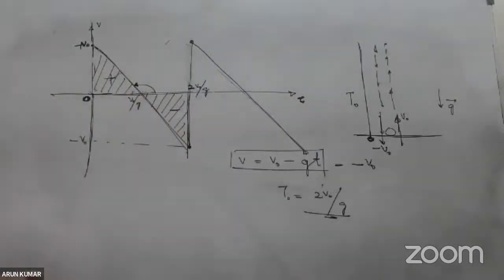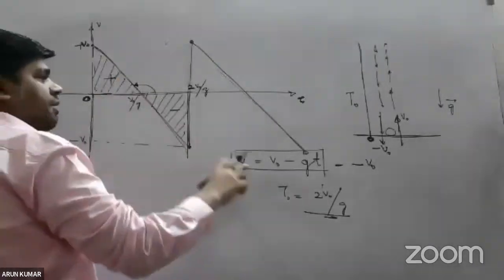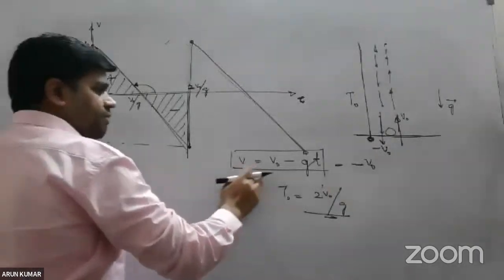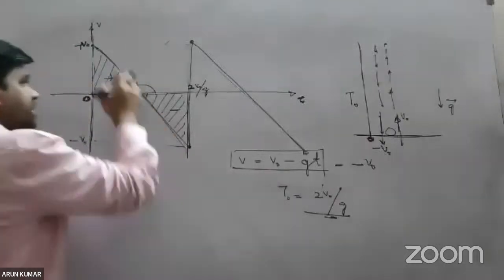All right, I repeat the argument. First line is for the first upward motion and then downward motion, the first to and fro motion. We plotted it using v is equal to v naught minus gt, y is equal to mx plus c. I plotted this line.